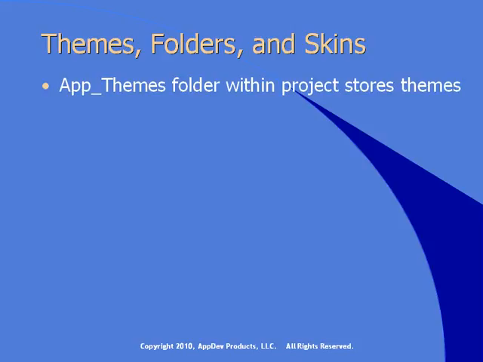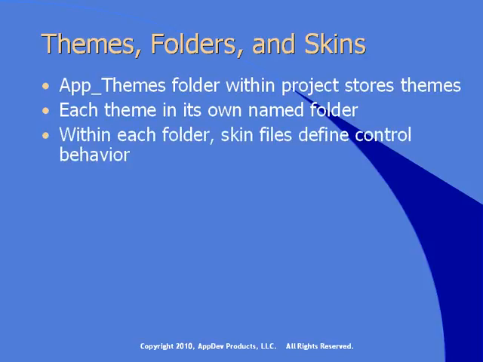The app_themes folder within the project stores themes. Each theme will be in its own named folder, and you refer to the theme by its name. Within each folder, skin files define control behavior. That is, there are skins that define the behavior of controls. Now, you can also create global themes if you want.